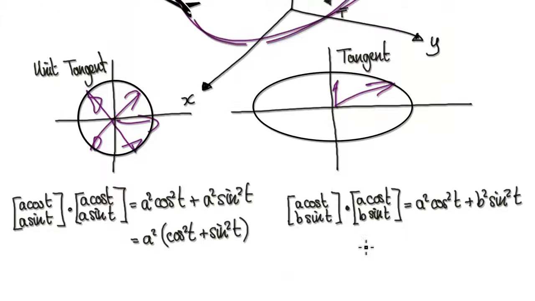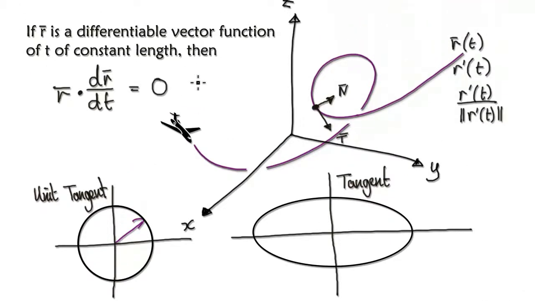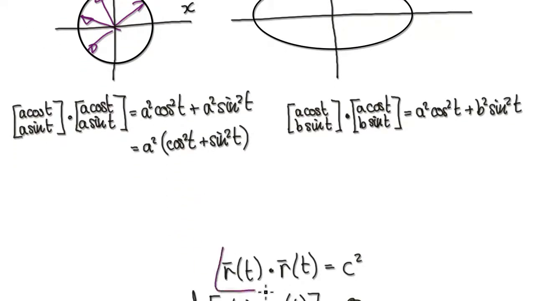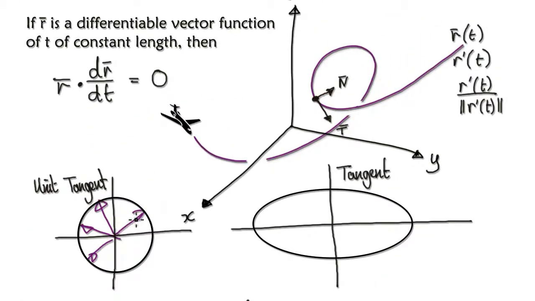So that means it's this. You can say it here because no matter where the plane is flying about in 3D space, the unit vector is always of equal length. So you can say that when you take the dot product, the radius will always be the same.